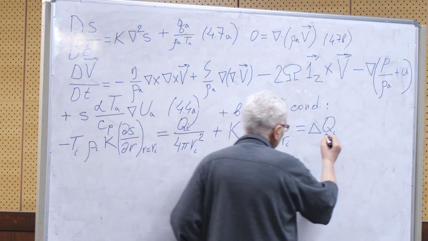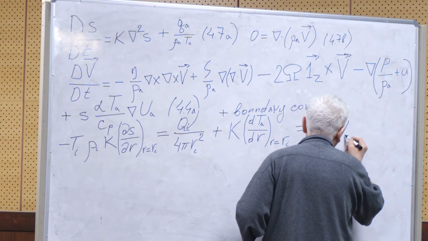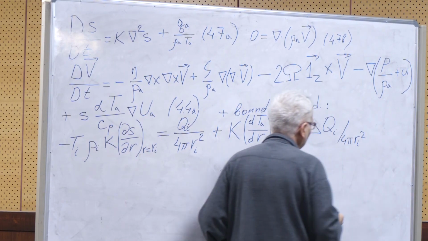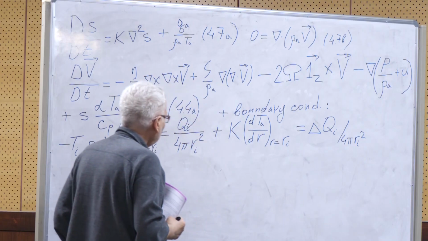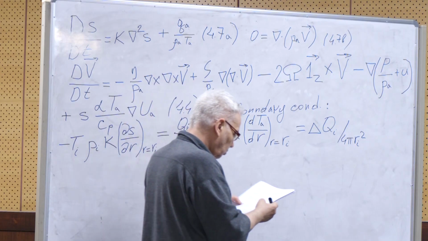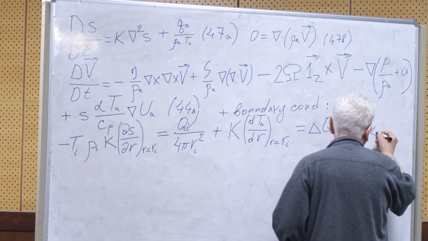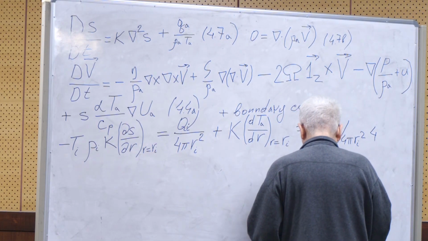Of course, divided by one. So this constitutes the formula for 6C.